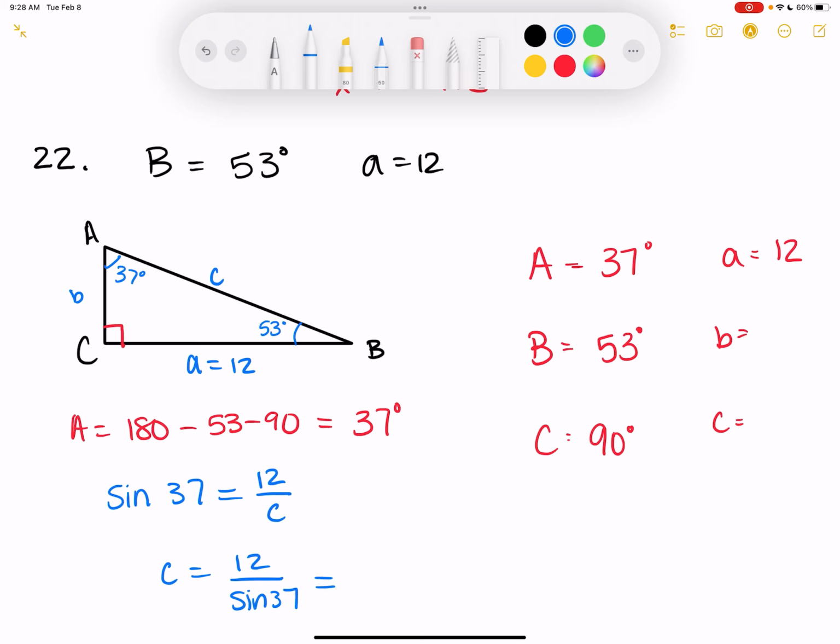And then this is where you need to put in your calculator. There is something very important that you need to know about your calculator. Your calculator has two modes on it for doing trig. So take your calculator out and turn it on. On the top, hit mode, beside the button that says second.